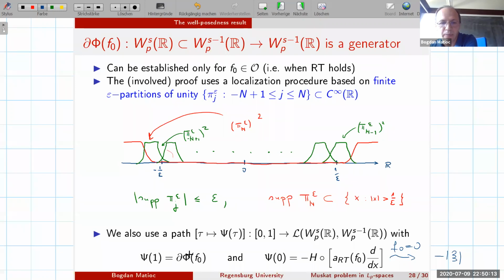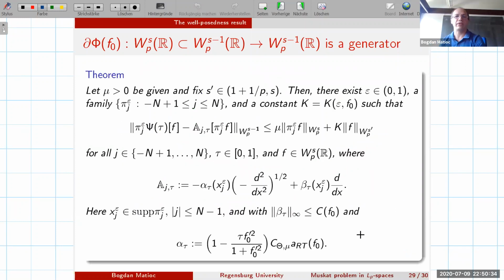And this property can be carried over by using the principle of analytic continuation from the corresponding property of psi 0. Psi 0 is a simple operator for which we can show that its resolvent set contains some positive real number.